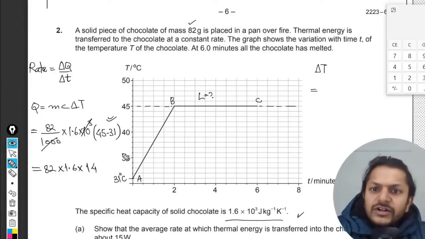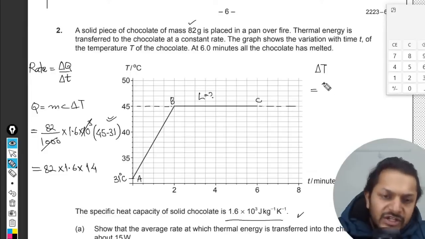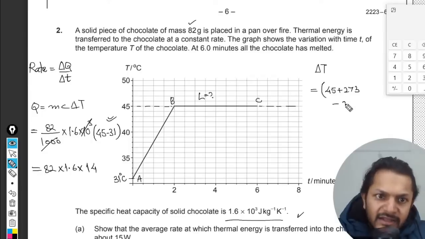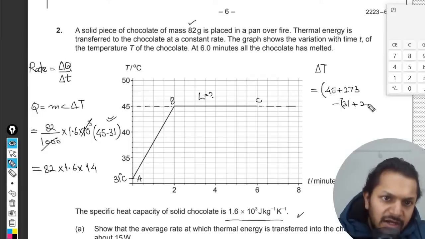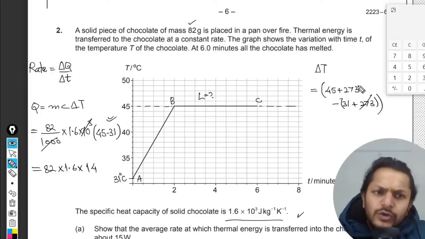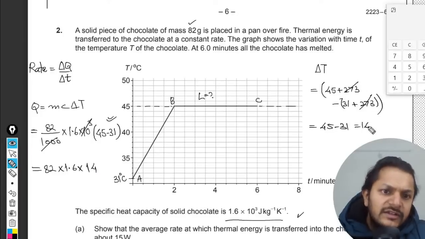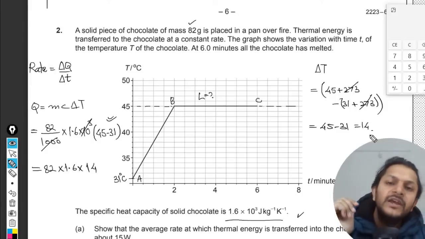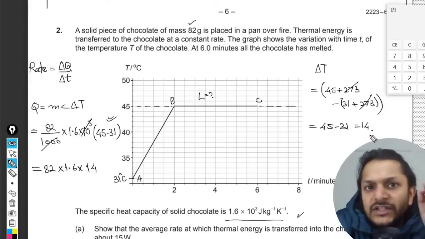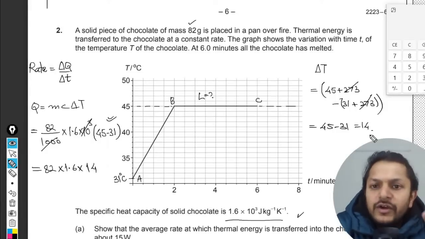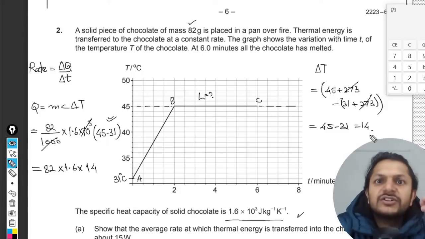Let us say if I convert these temperatures into Kelvin, just for the sake of clarity, 45 will become this, and 31 will become this, with 273 added. 273 and 273 will get cancelled out. Again, the answer is coming out to be 14. So whenever you are concerned with delta T, there is no need to convert the temperature scale from degree centigrade to Kelvin.